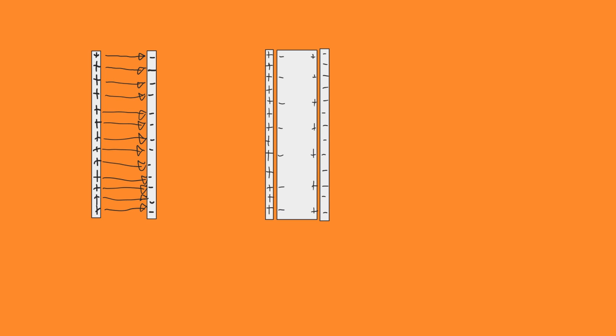For the second problem, we have a parallel plate capacitor, and it's fully charged and is disconnected from the energy source when a dielectric is inserted between the plates. So our first image on the left over here is before the dielectric is placed in, and now we have the dielectric in place. And we want to sketch the electric field between the plates to show this effect of polarization of the dielectric.